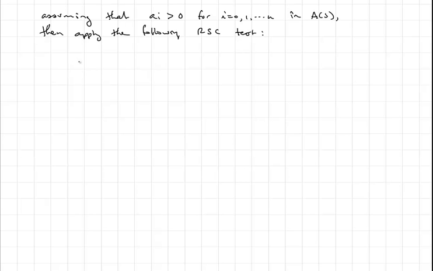So if I have a polynomial, let's say A(s) equal to a0 s to the 4th plus a1 s cubed plus a2 s squared plus a3 s plus a4.